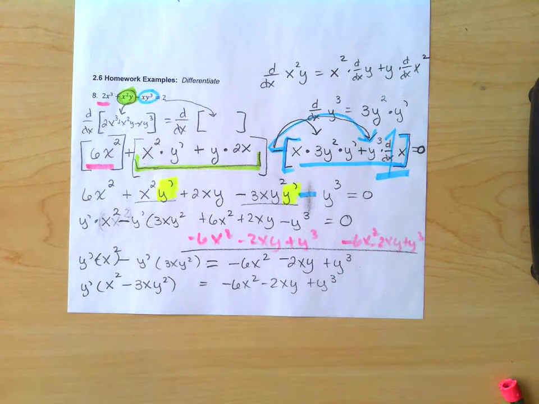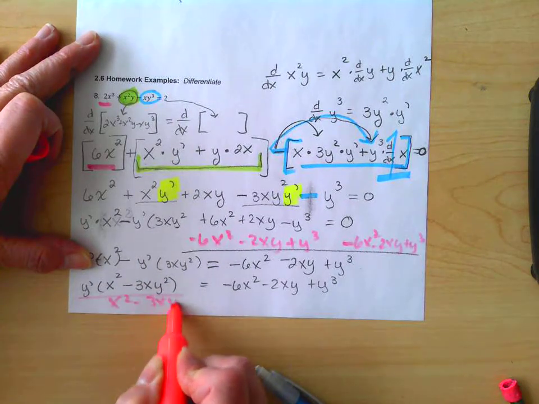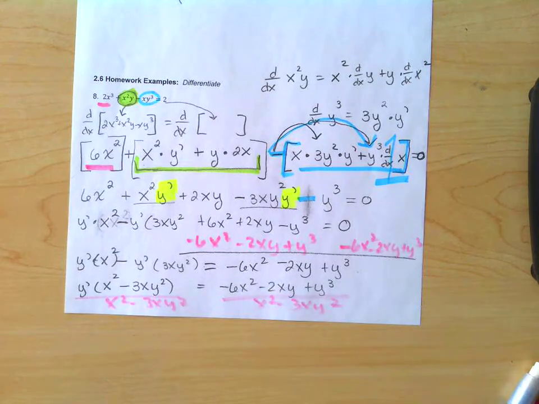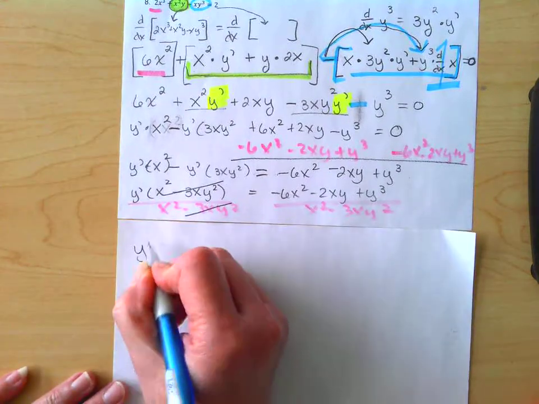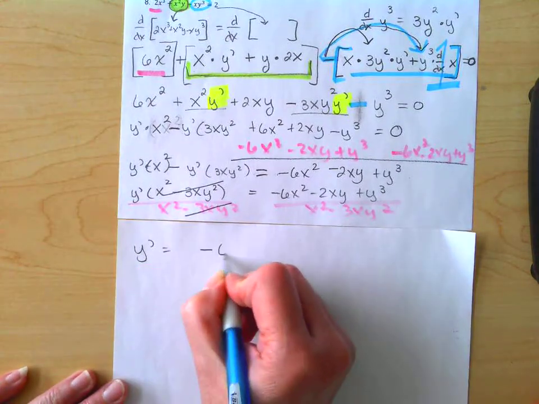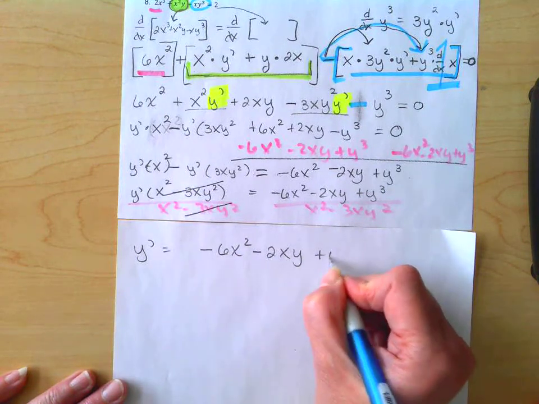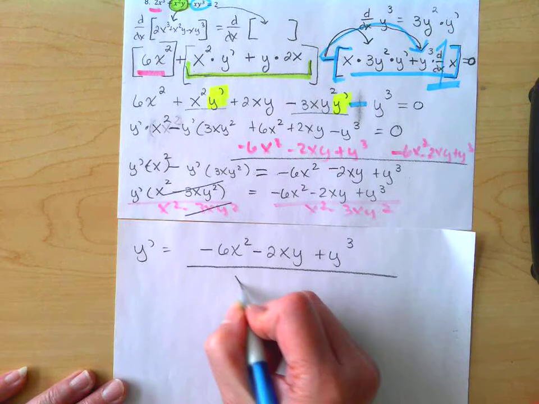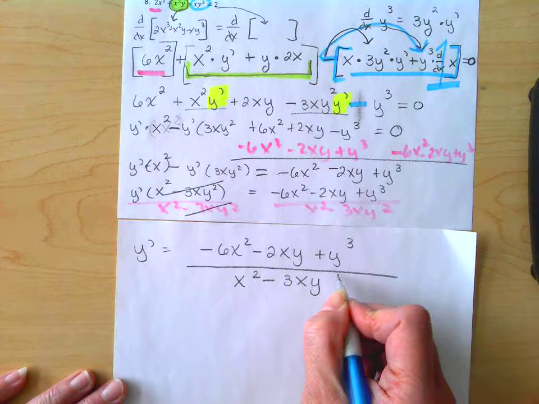And then the last step is to divide both sides by x squared minus 3xy squared, so that our final answer would look like this: y prime equals negative 6x squared minus 2xy plus y cubed, all over x squared minus 3xy squared.